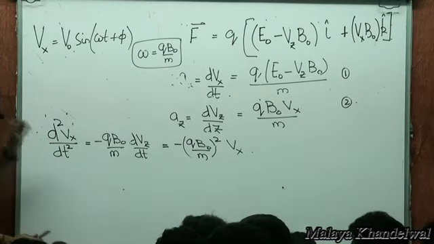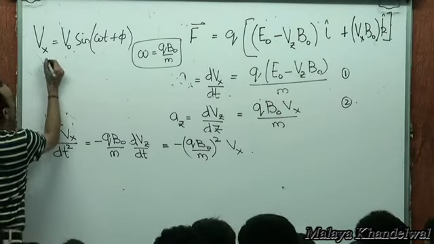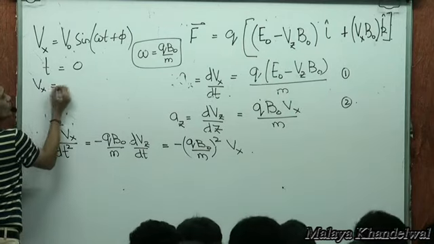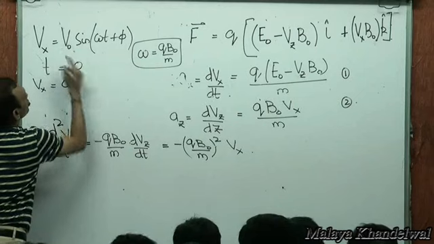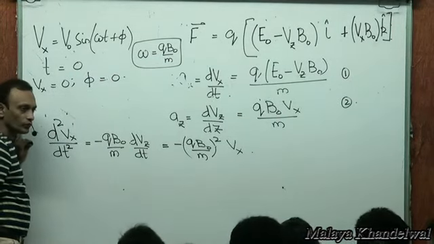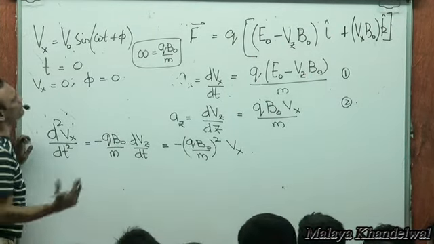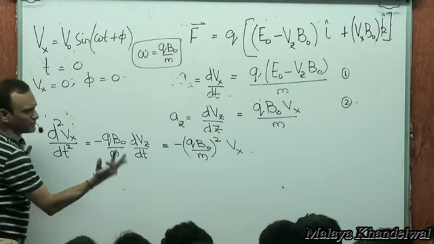Now, realize that the particle started from rest. At t equal to 0, Vx was 0. So if you put at t equal to 0, Vx is 0, you'll get phi as 0, because the particle started from rest. If it had not started from rest, then at t equal to 0, let's say Vx would have been some V1 and you would get some other value of phi.